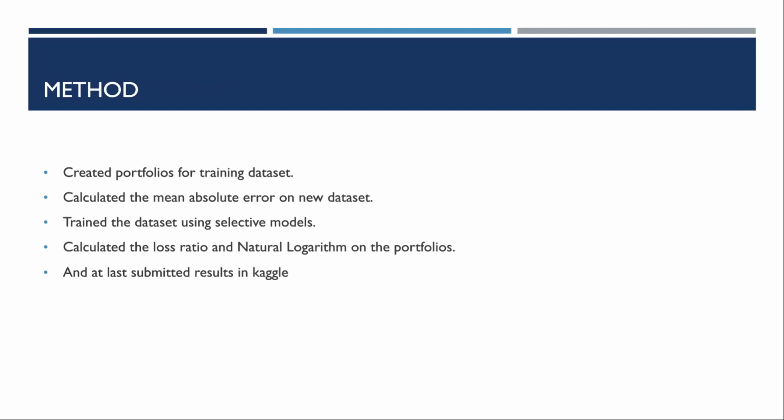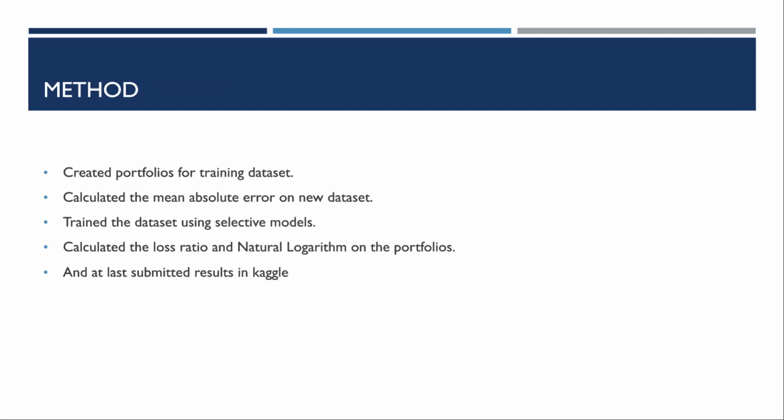Then we followed the following method. We have created the portfolios for the training data set, and likewise for the testing data set, for convenience. For the created portfolios, we found the mean absolute error and formed a new data set.